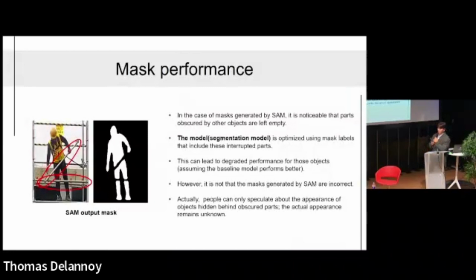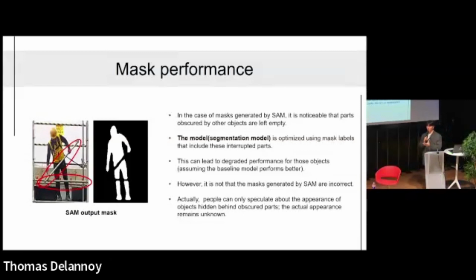The reason for the drop in worker performance is that the mask label data automatically generated by SAM excluded the hidden part. However, these generated mask label data are not incorrect.